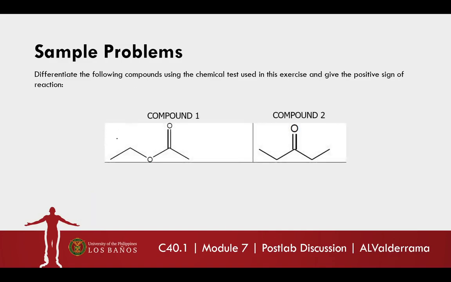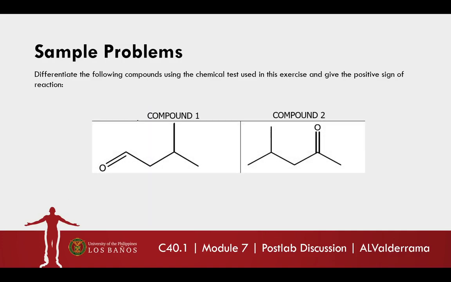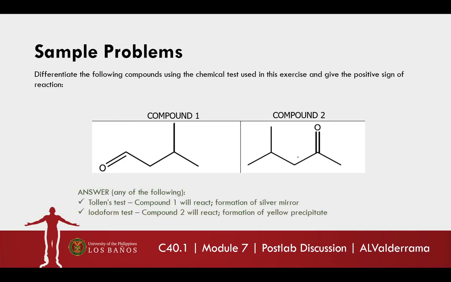Next is we have compound 1 and compound 2. So, ang sagot dito is 2,4-DNP test ulit since ito ay carbonyl, ito ay hindi carbonyl. This is an ester. Next is compound 1 and compound 2. So, both are carbonyl. Ito ay aldehyde, ito ay ketone. So, pwedeng Tollens test because this will have a positive test for aldehyde.